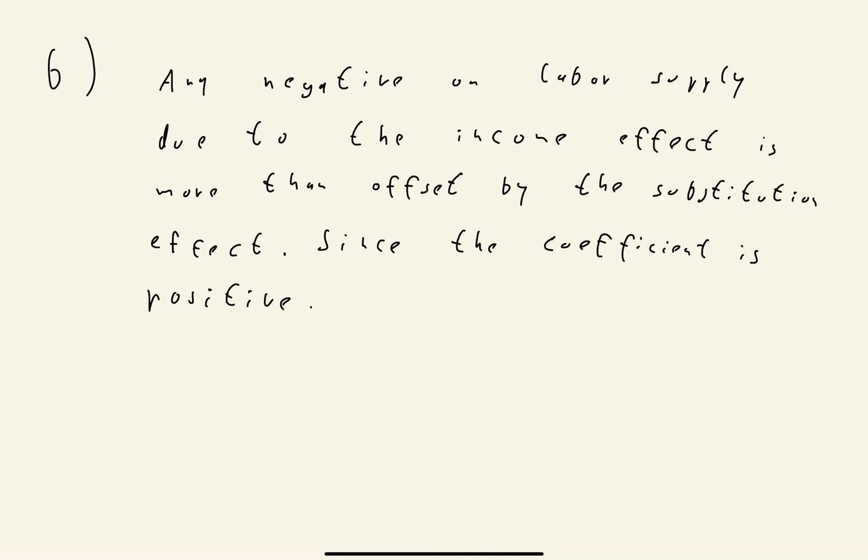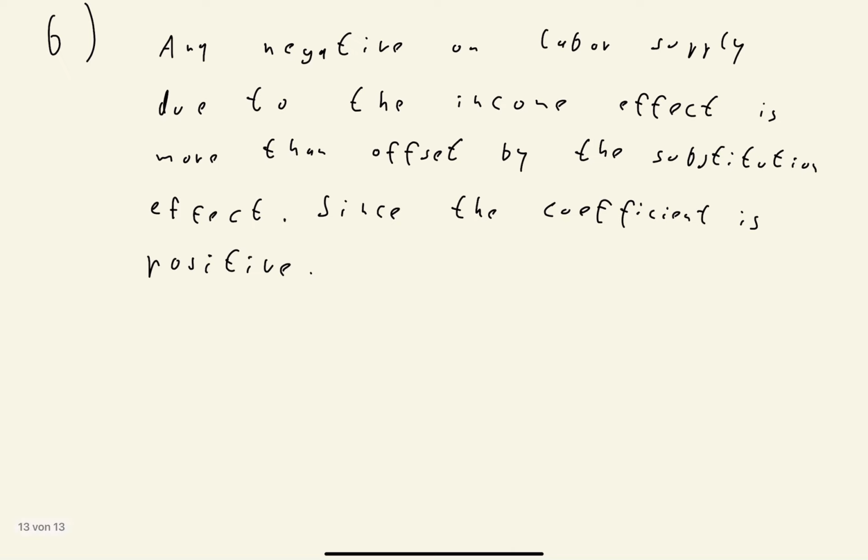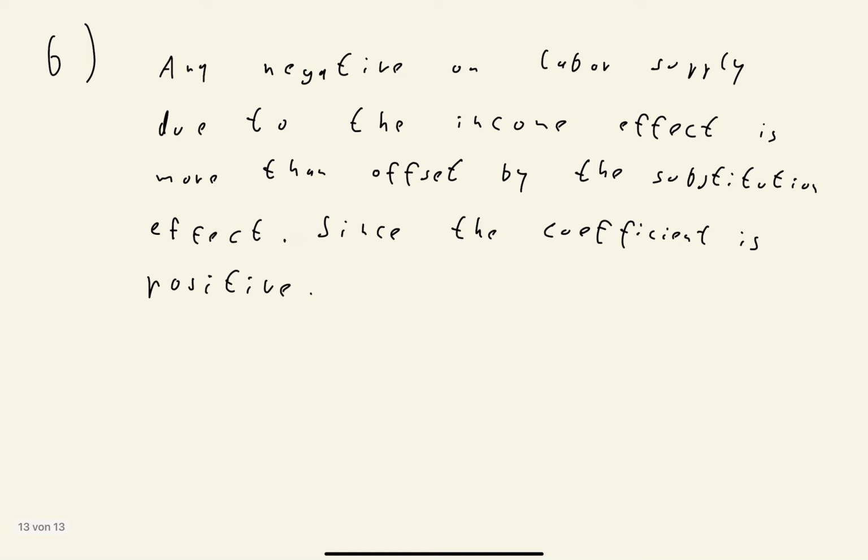Yeah, and we cannot make any other statements here. We cannot decompose the effect to know the exact magnitudes of the income effect and the substitution effect on labor supply, because we simply have only this after-tax wage estimation here. We can only say that the sum of the two effects is positive.